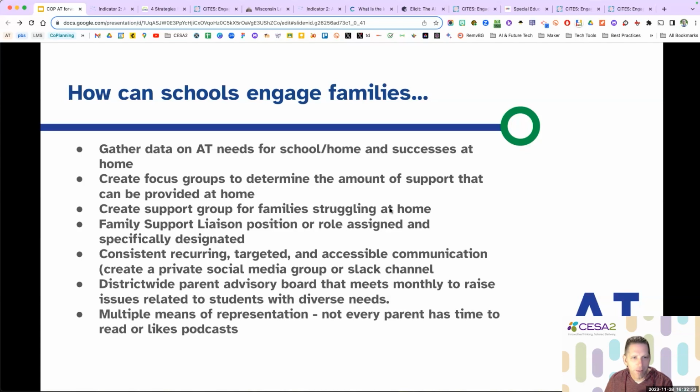Once again, I totally understand that. My hope is that by sharing these strategies, you could share them with administrators, board members, or the decision makers, or if you are the decision maker, then you can bring it to your team, right?